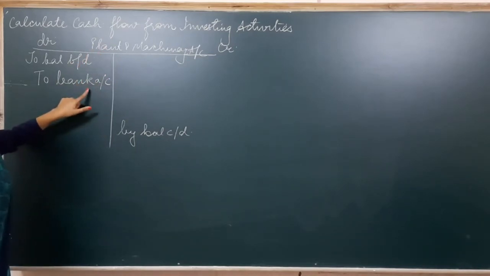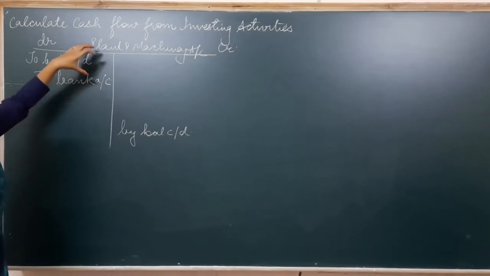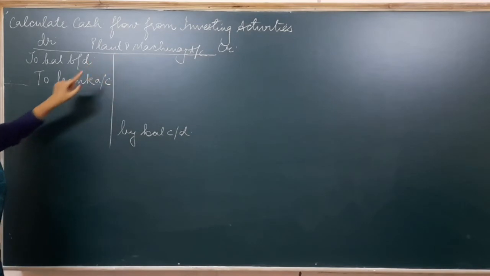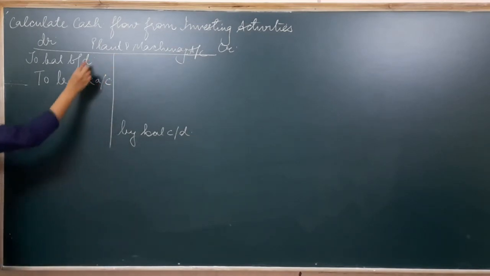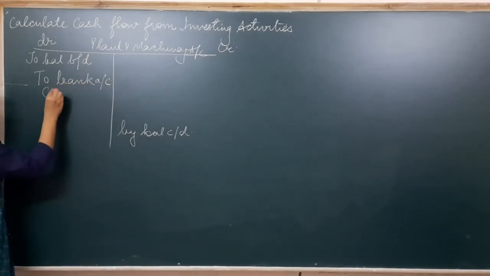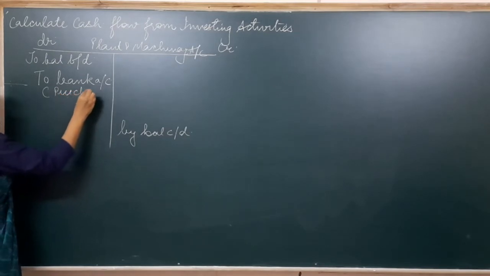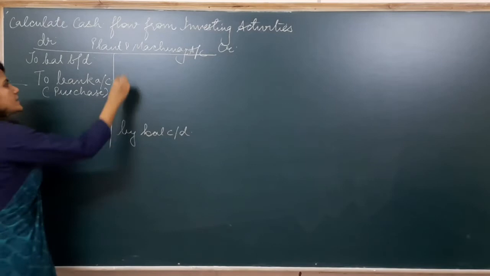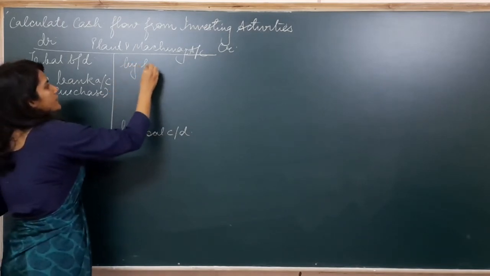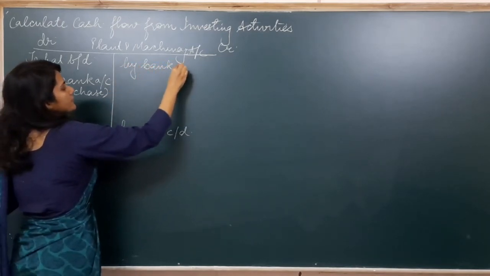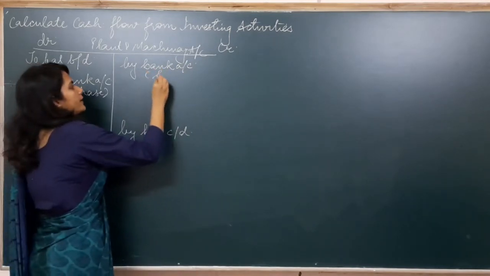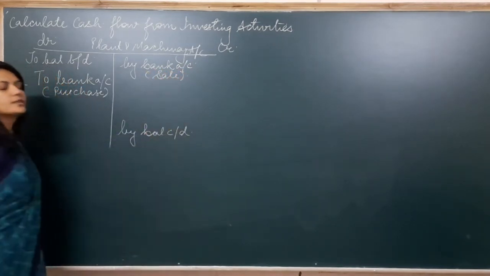Plant and machinery to bank, right? With this purchase, the number of machineries in the company will increase, so this purchase will be on the debit side. As I've written to bank, it indicates purchase. In the same way, if I sell off my plant and machinery, then this will be on the credit side. I write by bank account, and this by bank indicates sale.